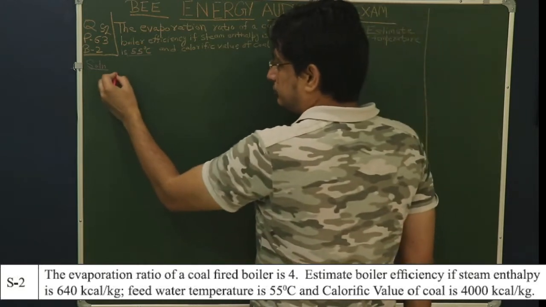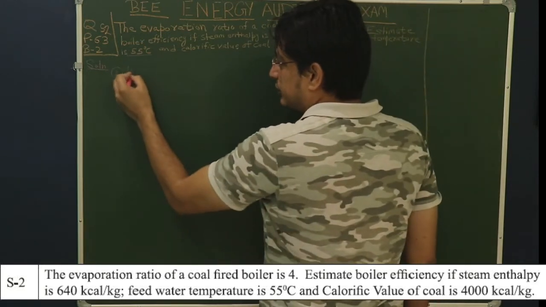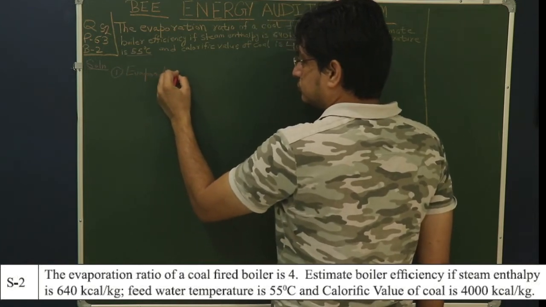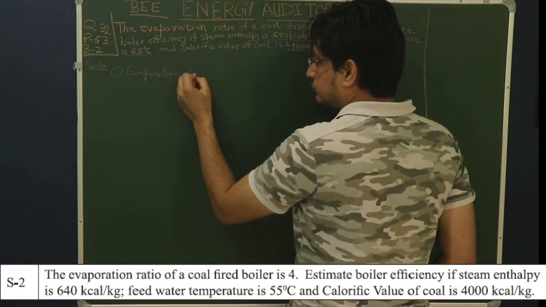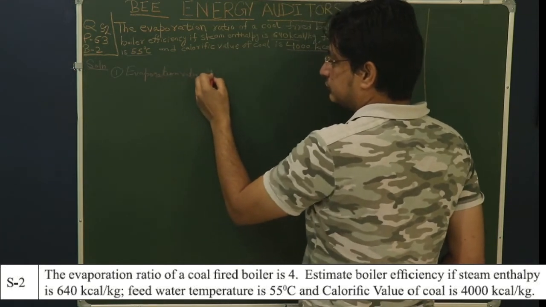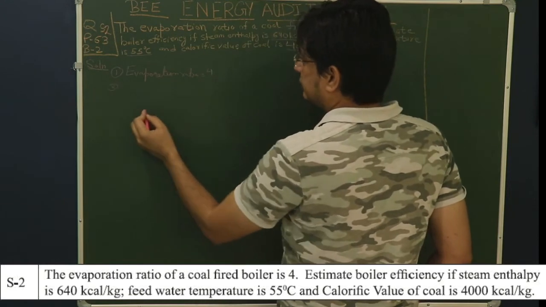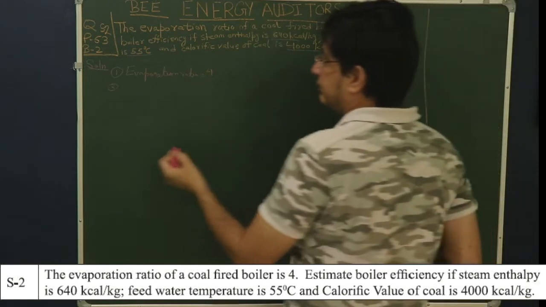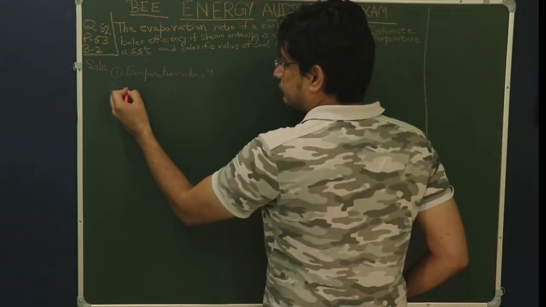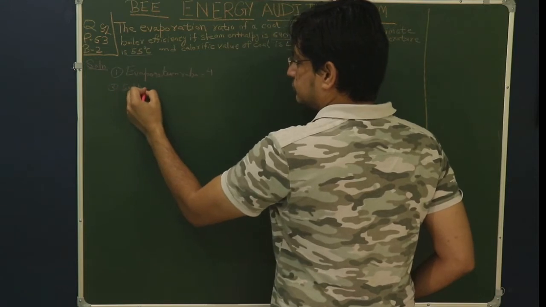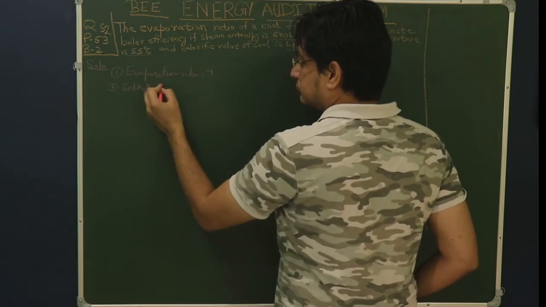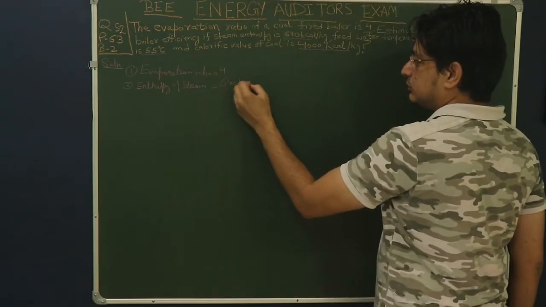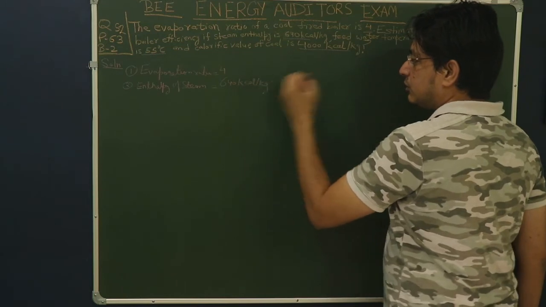The first thing which is given is the evaporation ratio, which is given as 4. The second thing which is given is enthalpy of steam, 640 kilocalorie per kg.